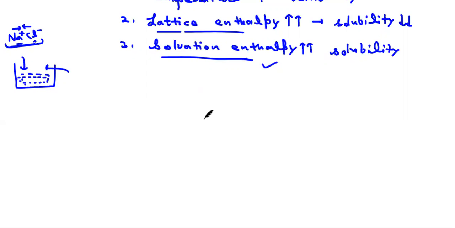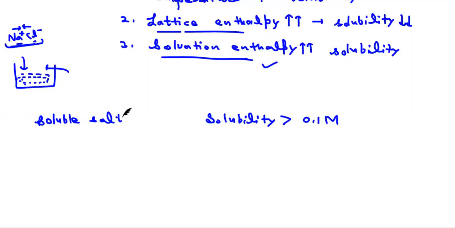Now suppose your solubility is greater than 0.1 molar. Then of course that salt should be soluble, and you can say it is a soluble salt.